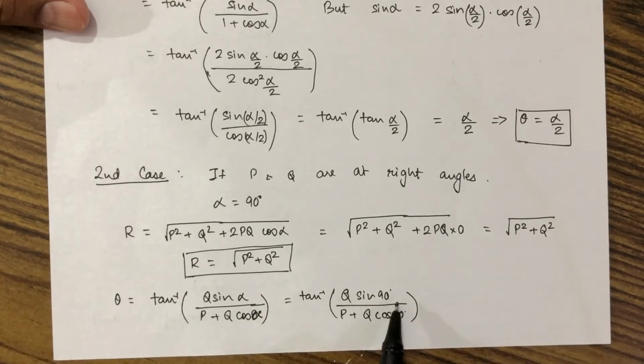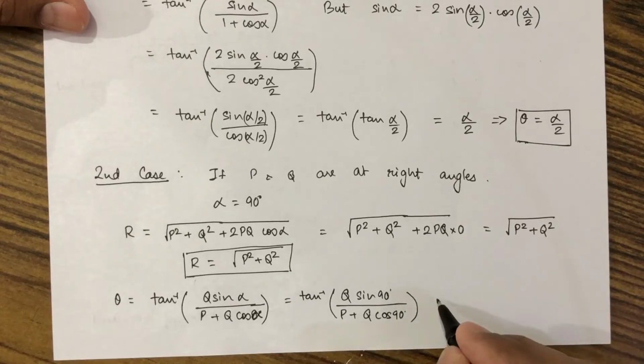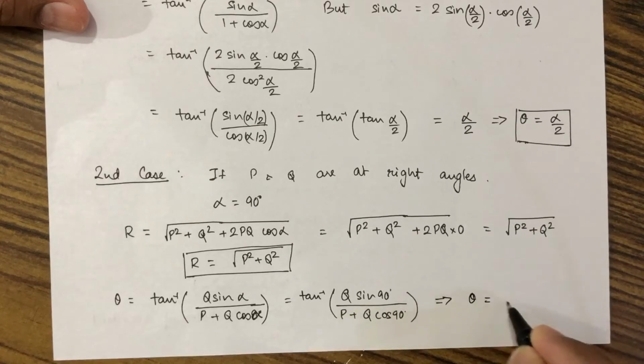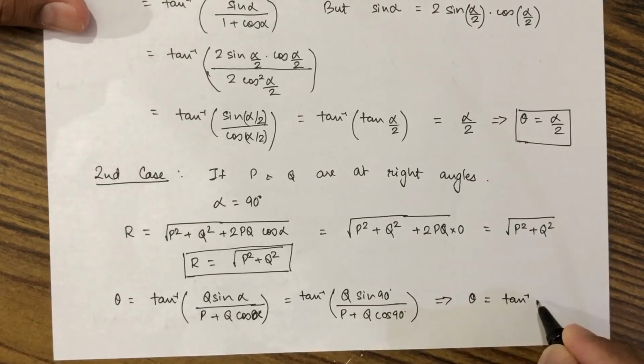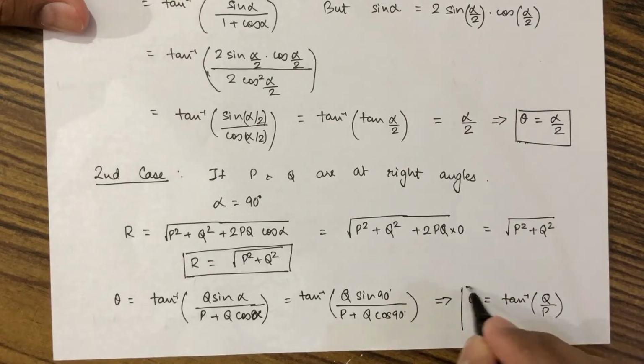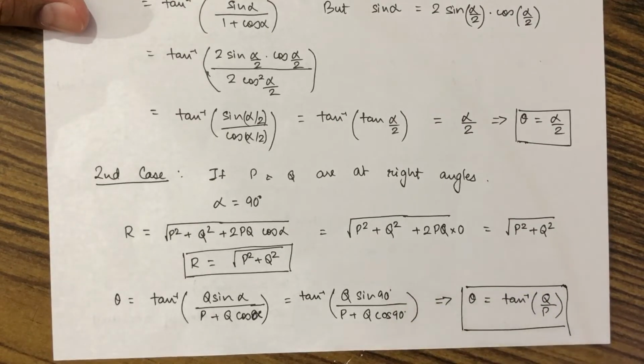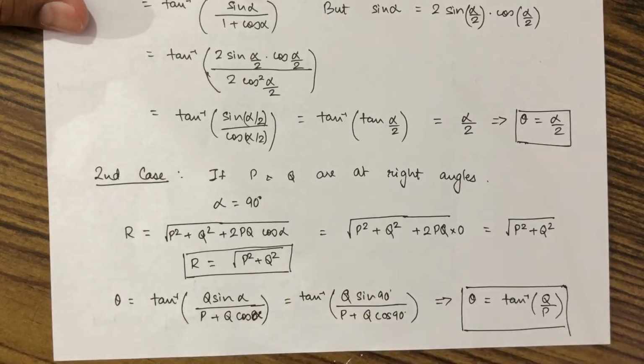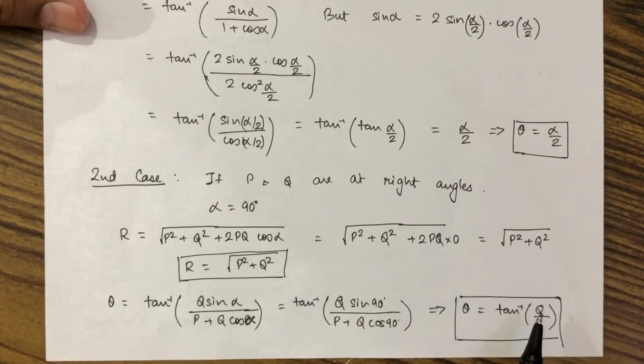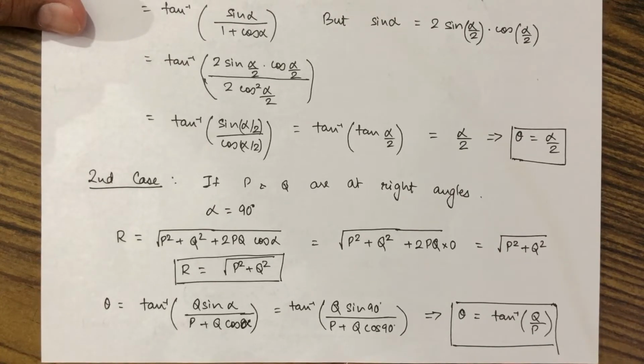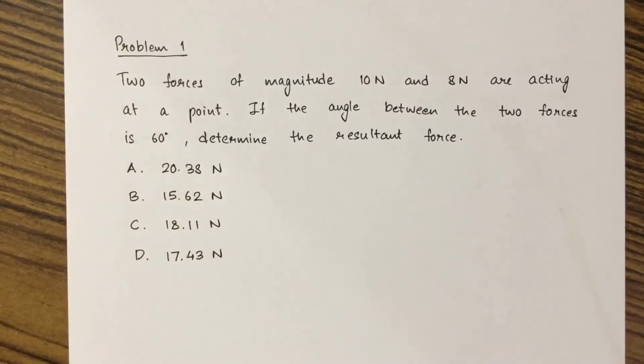But sin 90 degree is 1 and cos 90 degree is 0. So theta is equal to tan inverse of Q upon P. That is, if P and Q are at right angles, then the direction of the resultant, theta, will be equal to tan inverse of Q by P. So based on the law of parallelogram of forces, let us solve some problems.